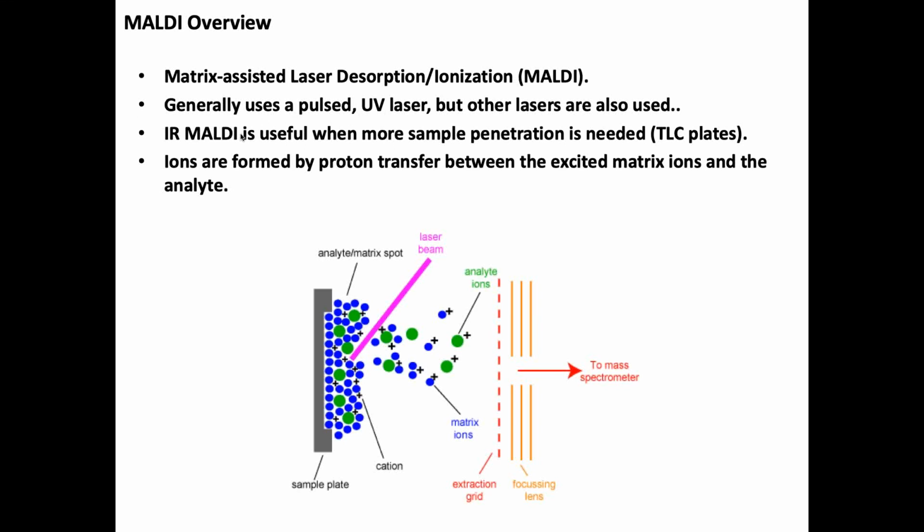In MALDI, there's something called the lucky survivor theory, where you have a net neutral charge, give or take, but as the plume comes away from the sample plate, the temperature of the laser when it goes into that matrix is like 700-800 Kelvin.